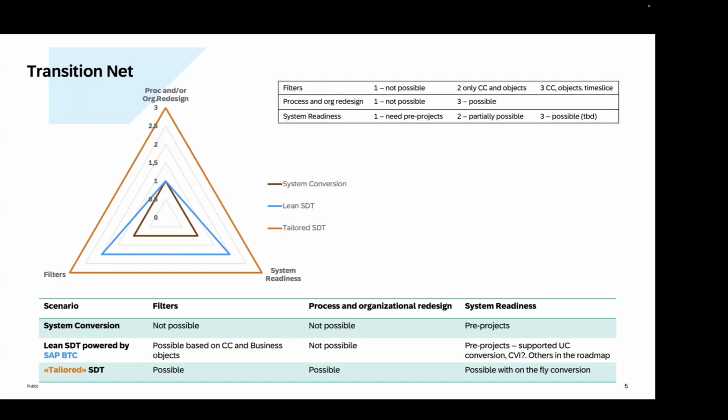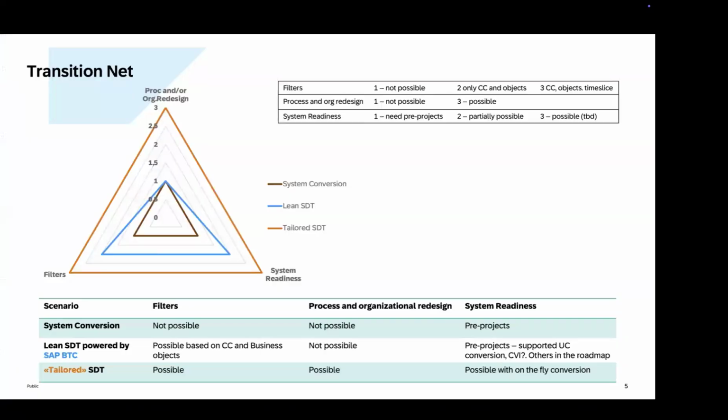Transformation may lead to business process simplifications or automation with the help of artificial intelligence-based innovations. These are only possible with a tailored selective data transition engagement.